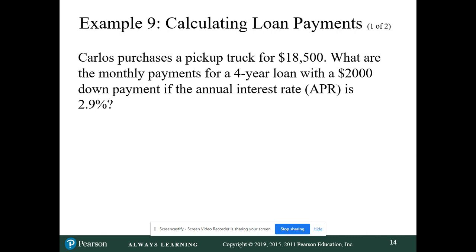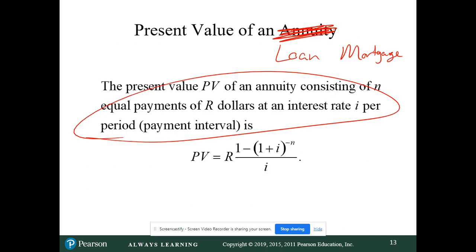Okay? So Carlos purchases a pickup for $18,500. What are the monthly payments for a 4-year loan with $2,000 down if the annual interest rate APR is 2.9%? Okay, so this is a formula we need to use.